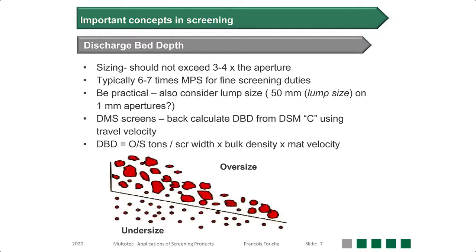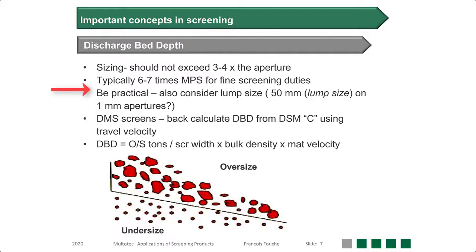For classification and sizing screens, most OEMs limit the bed to between 3 and 4 times aperture size. However, when we're speaking fine screening, the golden rule is to limit that bed to between 6 and 7 times, not the aperture, but the mean particle size in the feed.